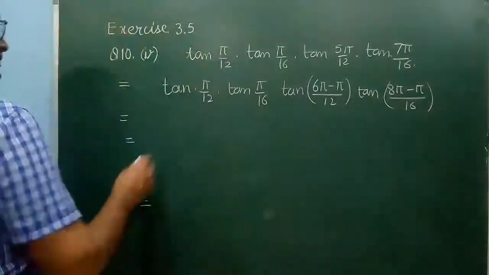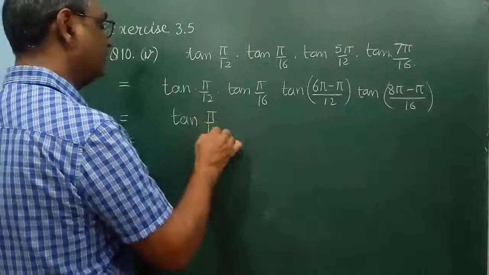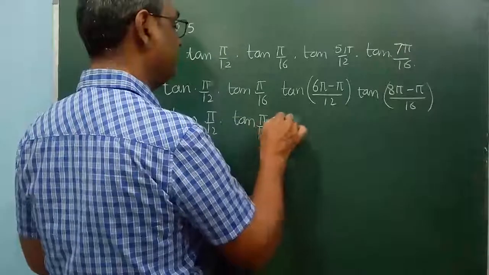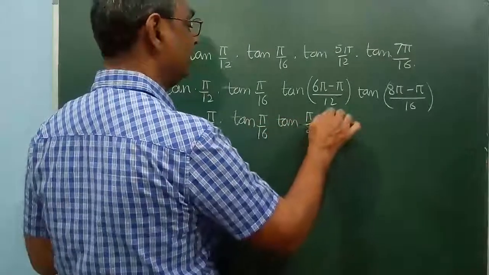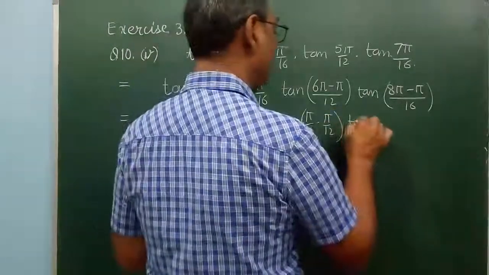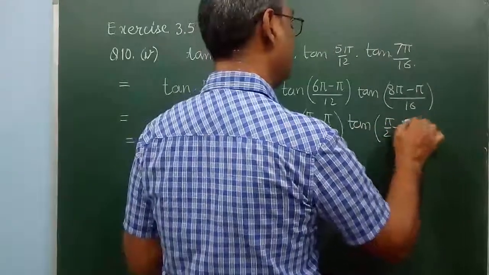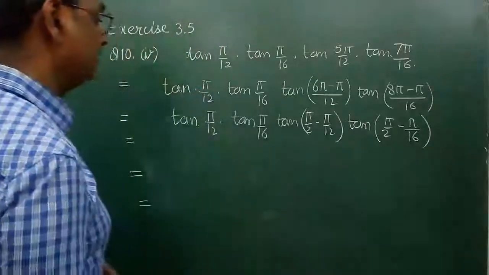Here this one we can write as tan pi by 12 into tan pi by 16. Separate these two. So this is tan pi by 2 minus pi by 12, and here tan pi by 2 minus pi by 16. This one we have got.